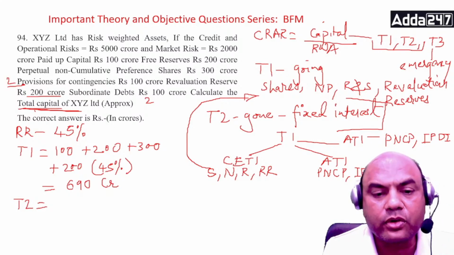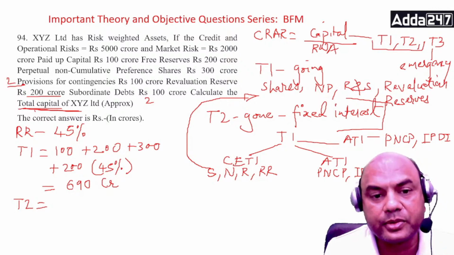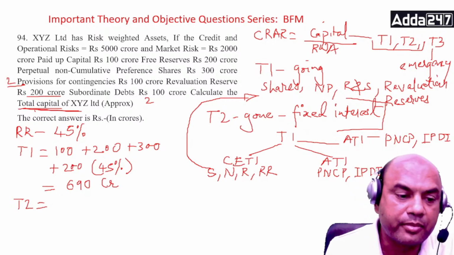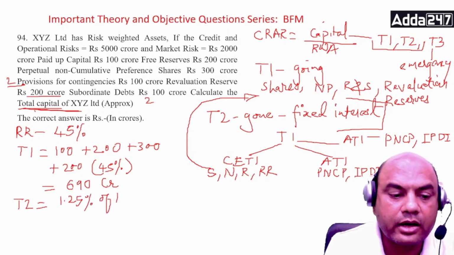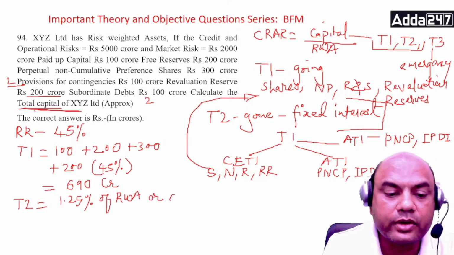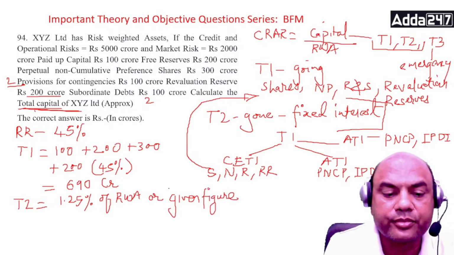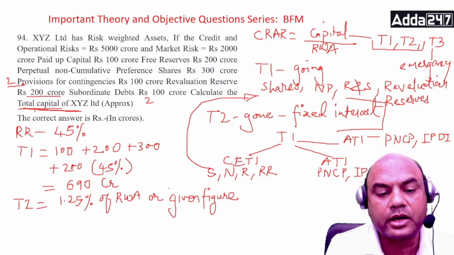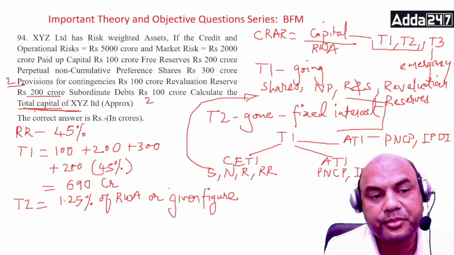See this provision for contingencies, it's always taken at 1.25% of RWA or given figure, whichever is higher. See here, 1.25% of RWA or given figure, whichever is, higher or lower?